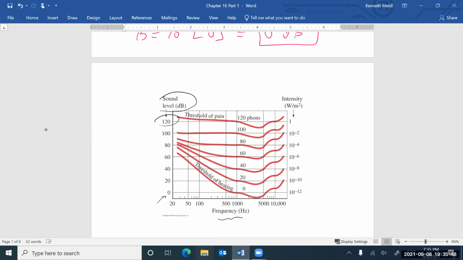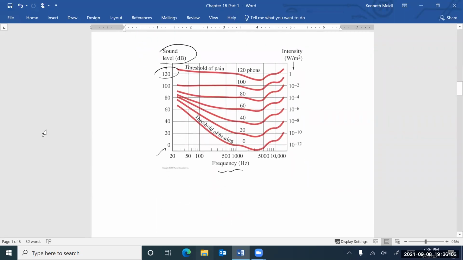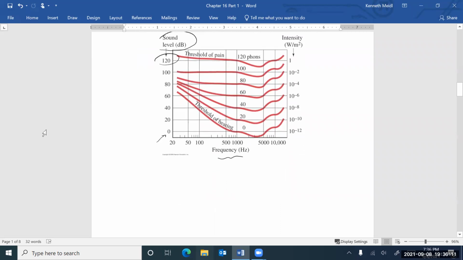If you're on the tarmac directing the jet engines, right down close to that jet engine level, you're really going to want to be protecting those people. But this graph in your textbook says that the top of our scale starts getting close to something like 120.